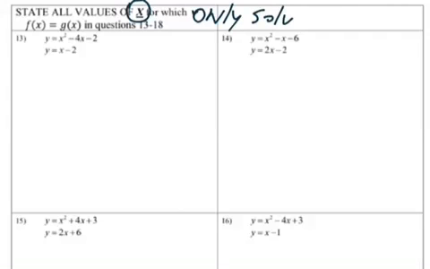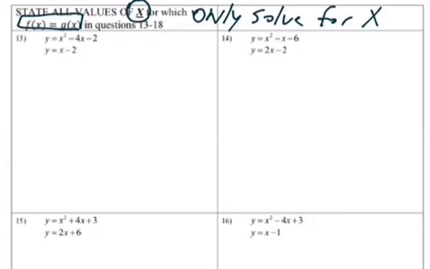Only solve for x. So you do not need to plug back in and solve for y. F of x equals g of x means to set the equations equal to each other. Now, technically, these should be in the form of f of x and g of x, but they do both say y equals instead.